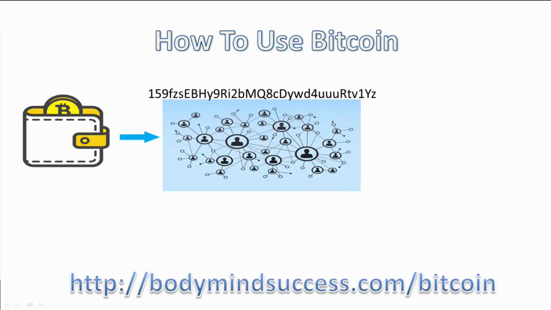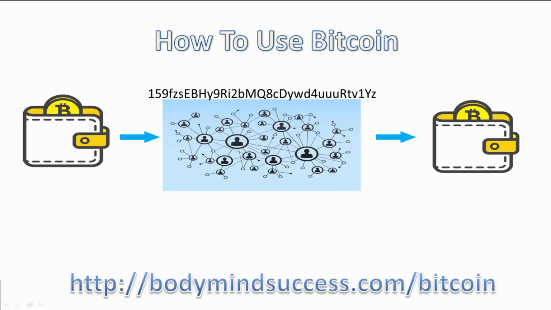When that mining happens, it says, okay, this transaction is valid, it's good, you can go ahead and deliver that Bitcoin to another wallet, whether it's an individual or a business. It doesn't really matter. As long as there's a Bitcoin address to be received and a Bitcoin address to be sent and everything is verified, you're good to go. In essence, that's the gist of it.